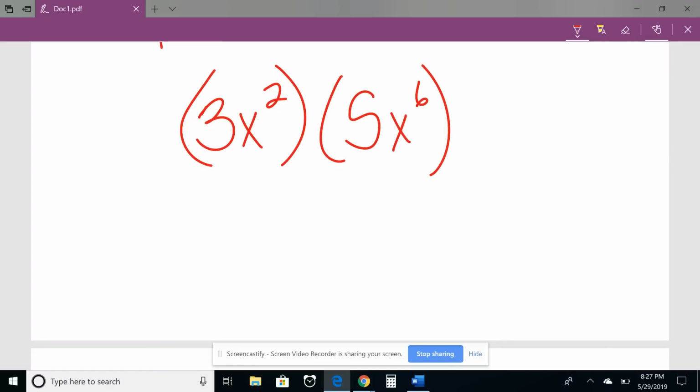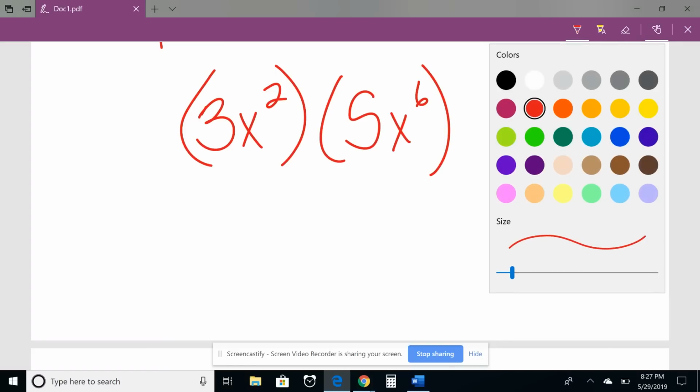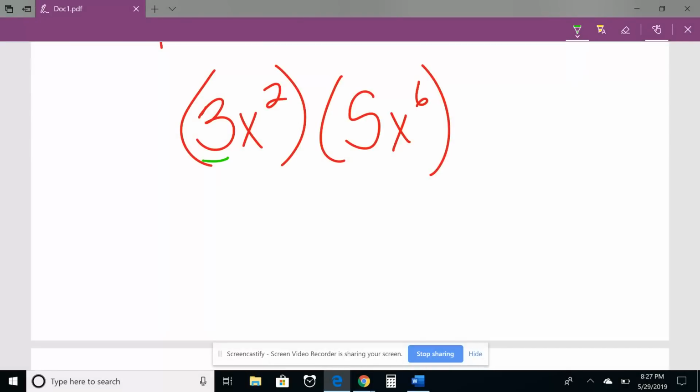Whenever I'm doing these, the coefficients are different than exponents. The coefficients are out in front, the 3 and the 5. What you do with those is multiply them. So 3 times 5 is 15.